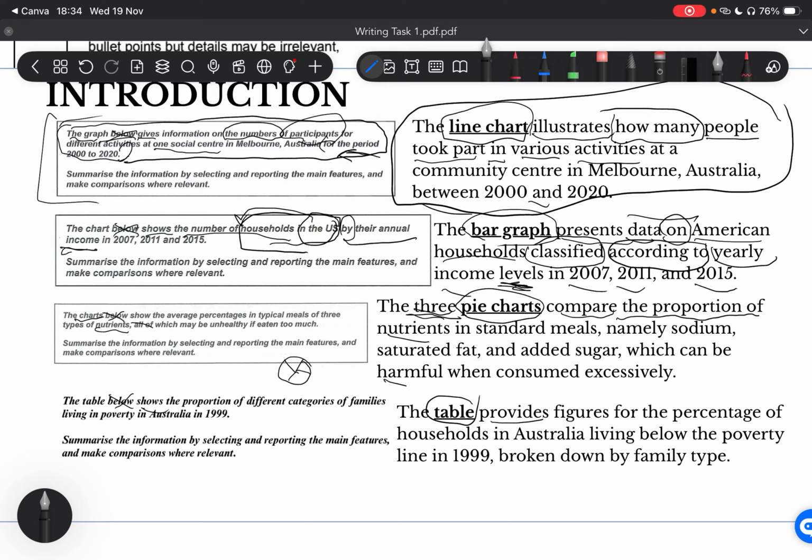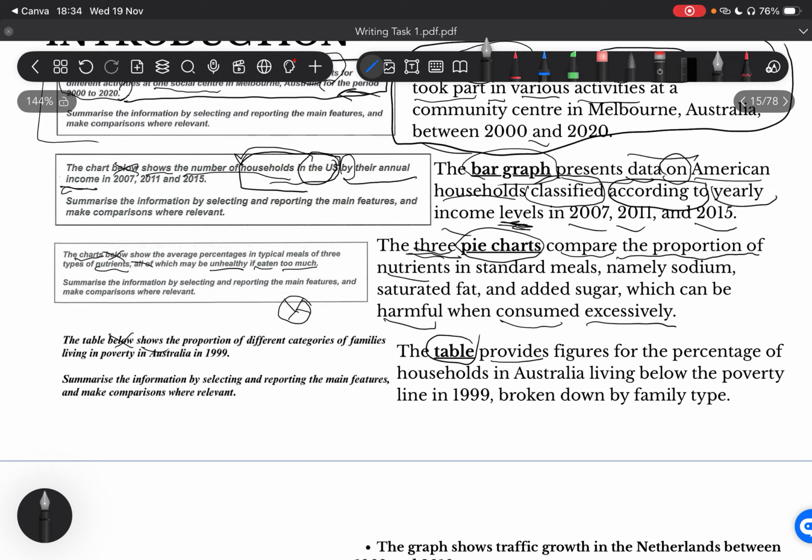And which can be harmful, let's go back to our topic, unhealthy, when consumed excessively. Excessively means too much. So when consumed, eaten, these are similar. This is a good paraphrasing. Okay, and here the table provides figures for the percentage, the proportion of households in Australia living below the poverty line in 1999, broken down by family type.